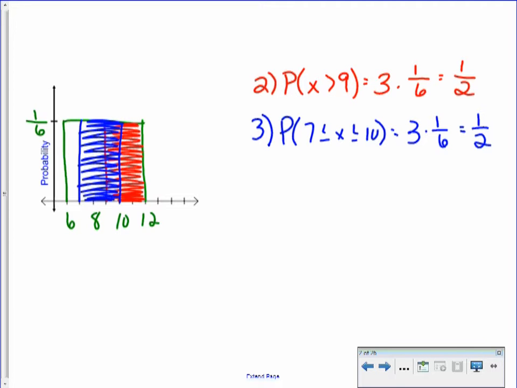My x is between 7 and 10. 7 is the smallest, so it's on the left-hand side, and the biggest is on the right. Other questions?